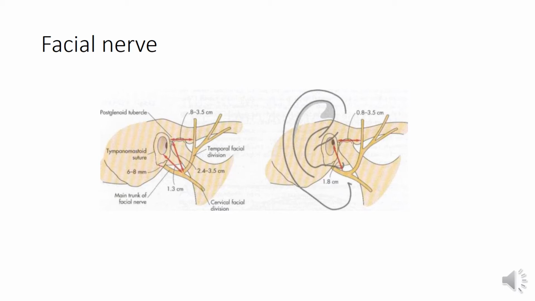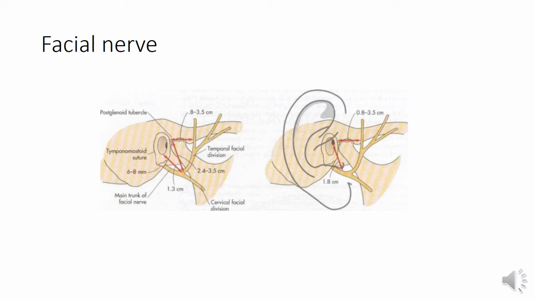You can see the red lines that are marked, which show the approximate length where the nerve is situated. If a preauricular incision is planned, to avoid injury to the temporofacial division, it should be within 0.8 to 3.5 centimeters from the external acoustic meatus.